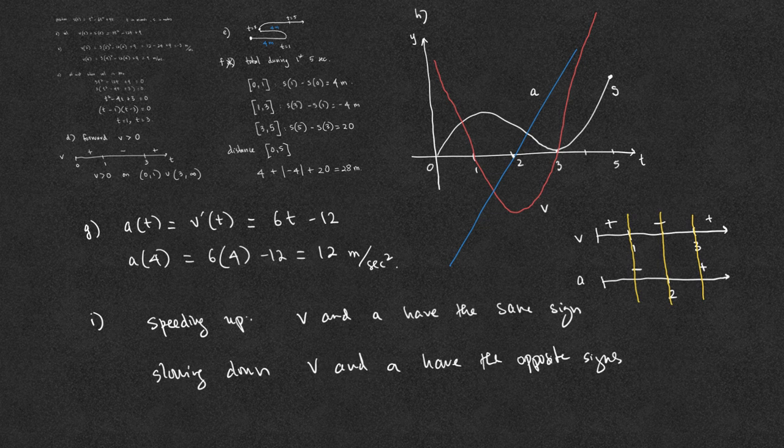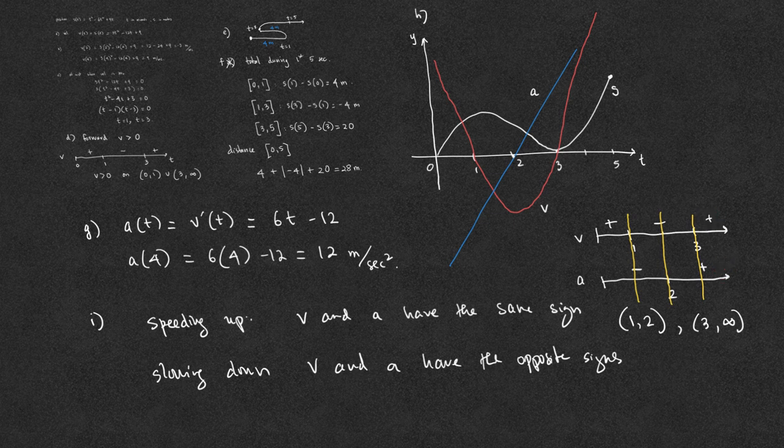And so to answer this question, we just simply look for the interval where the velocity and the acceleration share the same sign or have opposite sign. The particle is speeding up on the interval 1 to 2. From 1 to 2, both the velocity and the acceleration are negative. And from 3 to infinity, because on this interval, the particle has the velocity positive and the acceleration positive.